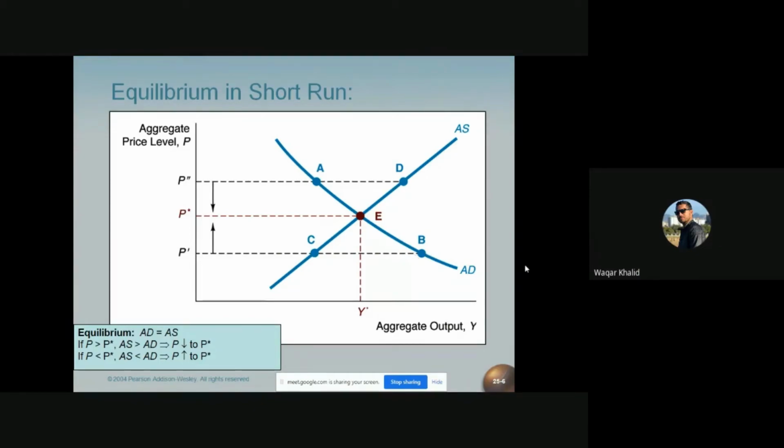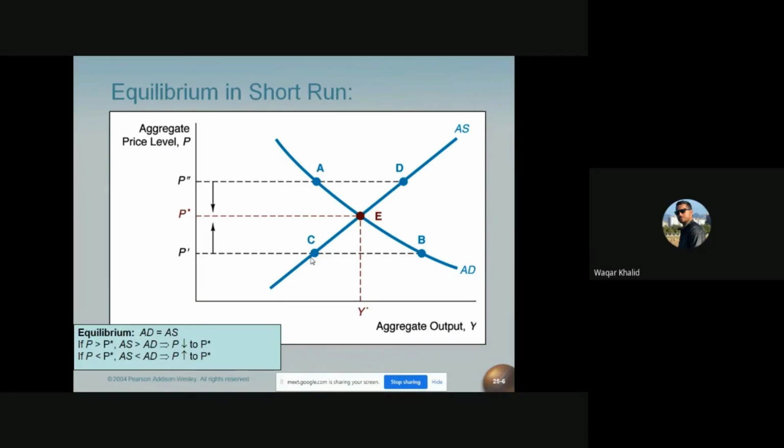This is the quantity of aggregate demand, point B. So at price P dash, the quantity of aggregate demand is greater than the quantity of aggregate supply. So we can say that here we have the condition of excess demand.